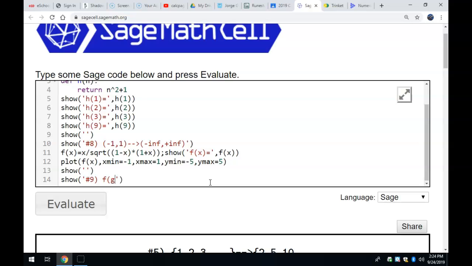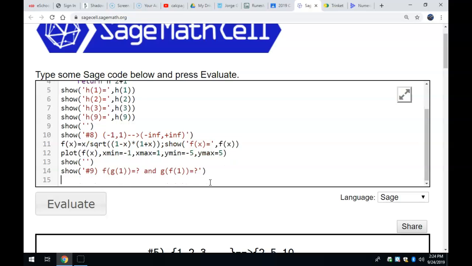They want to find f of g of 1 and g of f of 1, given that f of x is, what was it now? 2x plus 1.